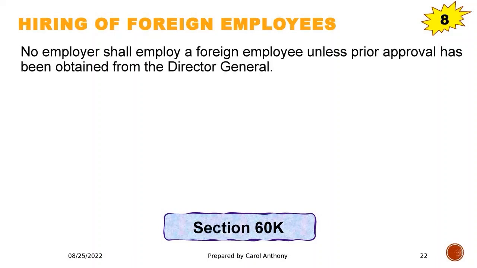Previously, they went through an agent who would employ someone, the agent would get the approval and then give you the employees. But with the new rules, they have to go directly to the Director General. Once they get approval, only then do they start the process of actually hiring the foreign employees. For more information, you need to go to section 60K to get the details.